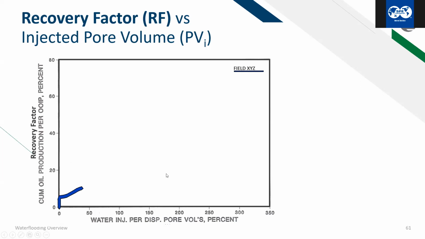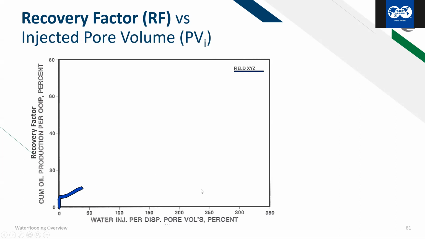Is that right? Doing quick math, that's never a good idea. So if you had to inject 50% of a pore volume to get 5%, in order to get it up another 15%, you'd have to inject a total of 200%, right? To get it around 25% recovery factor. So it kind of gives you a trajectory that you can follow and what you can expect to get to your target recovery factor.